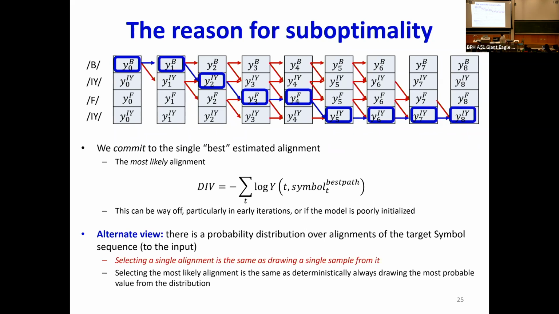The alternate view is that there's a probability distribution over alignments of the target symbol sequence to the input. Selecting a single alignment is the same as drawing a sample from this distribution, except that we're not randomly drawing the sample, we're drawing the most likely sample.